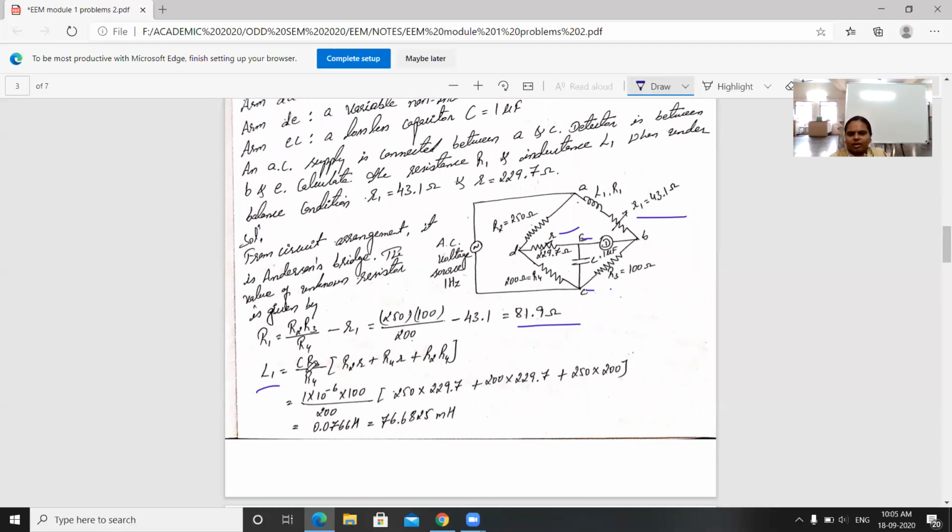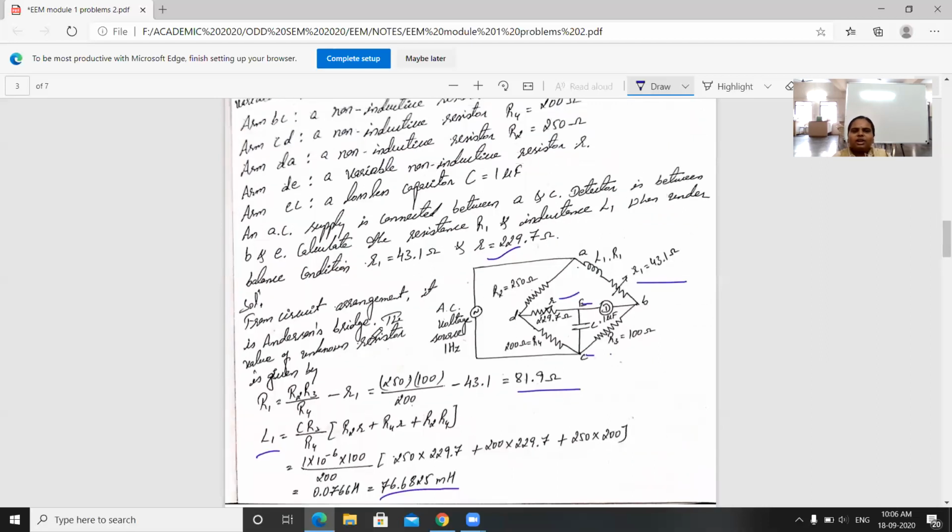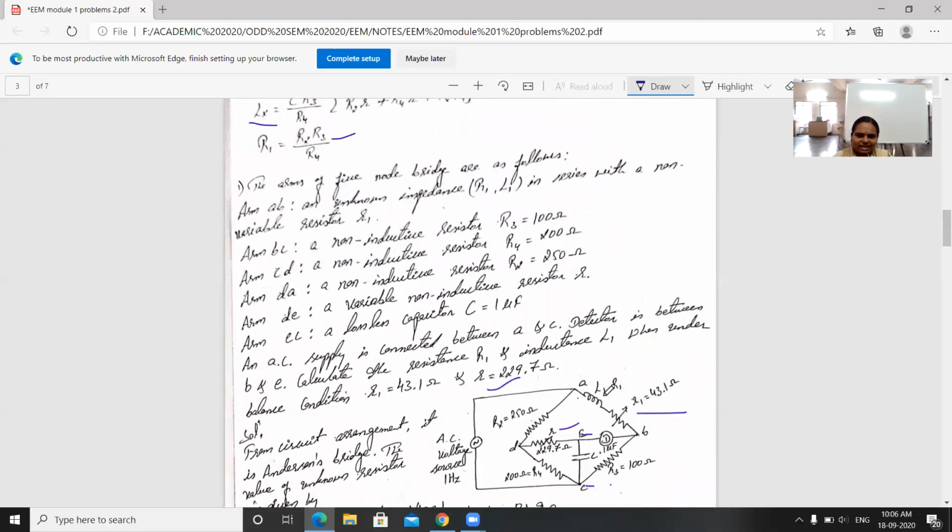C is 1 micro, R3 is 100, R2 is 250, small r is given for us, that is 229.7, plus R4 which is 200 again times r, then R2 which is 250 and R4 which is 200, divided by R4, that is 200. If you substitute and solve here, you will be getting 76.6825 millihenry.